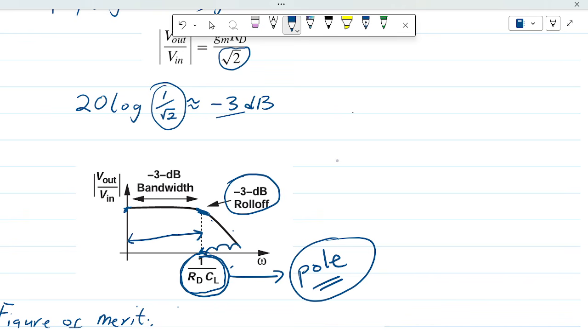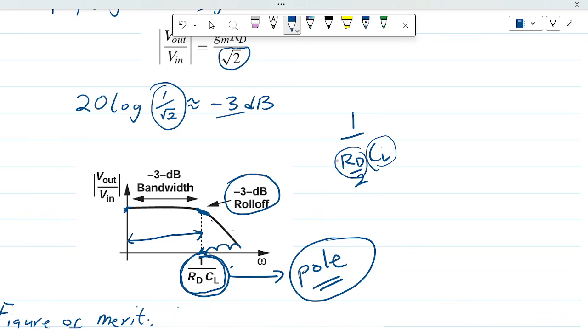And how do we do that? If I have 1 over RD CL, I probably cannot change the value of the CL. Remember we said it's a parasitic capacitance which is introduced not intentionally, but rather what we can do is probably change the value of RD.